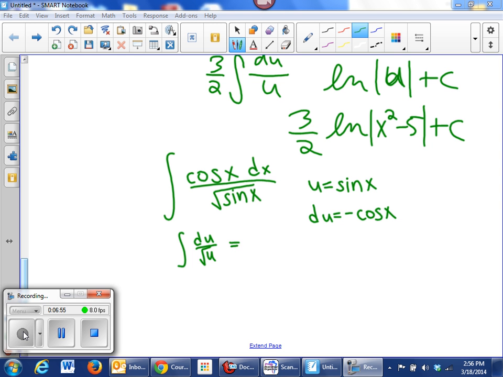Then integrate this to make it u to the 1/2 over 1/2 plus c.